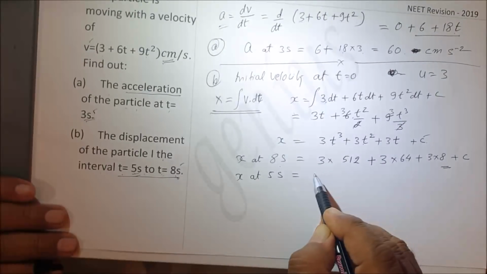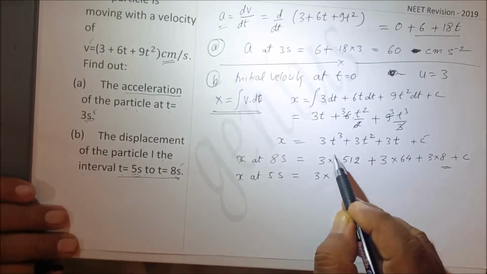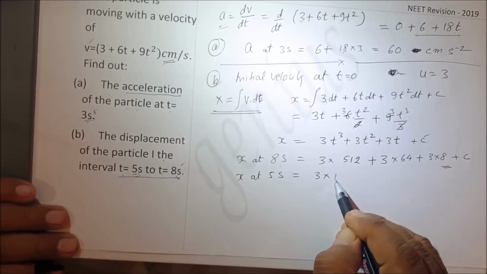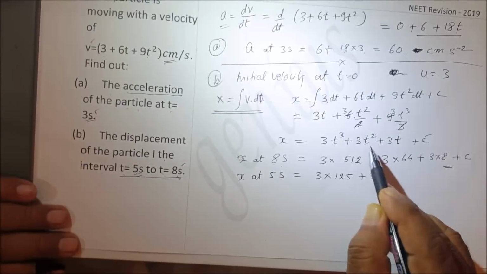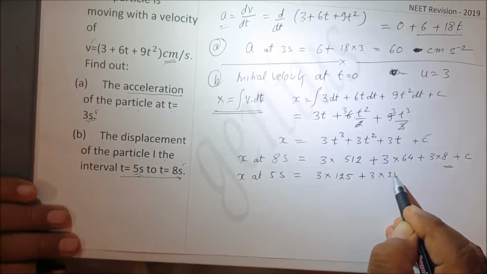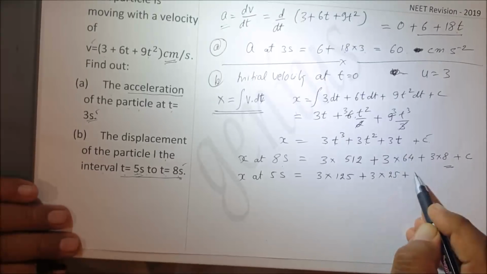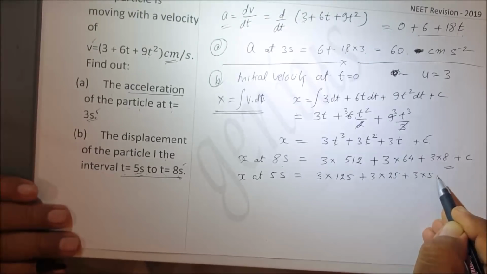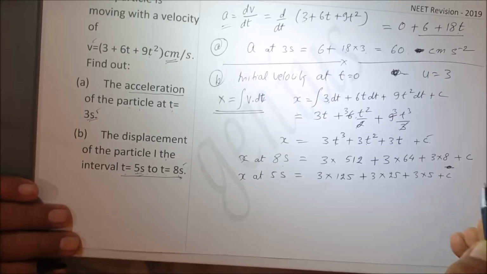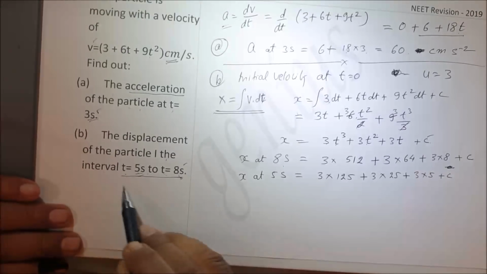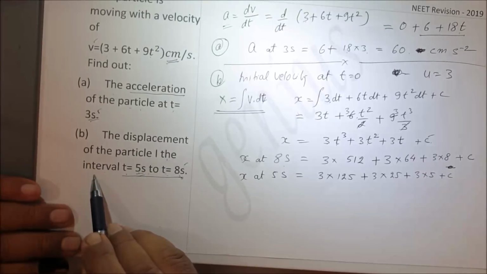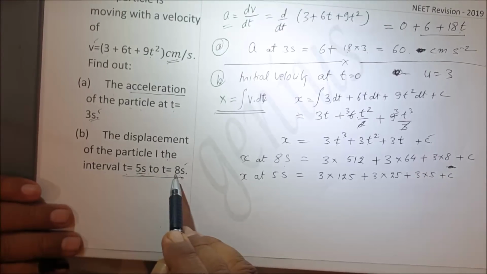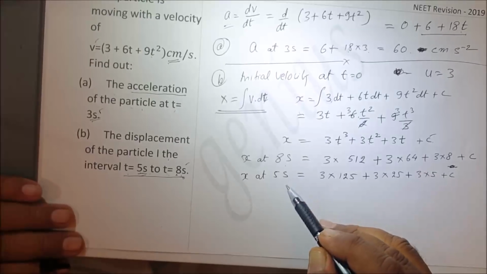x at 5 seconds is 3 into 5 5s are 25, 5s are 125, plus 3 into 5 5s are 25, plus 3 into 5, plus c. So the displacement of the particle in this interval means we have to subtract the two.